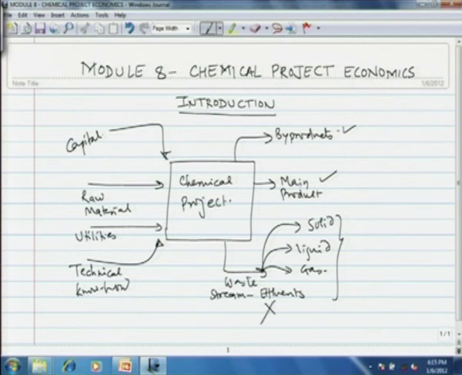All of the raw material is converted into some product or byproduct. The toxic and explosive nature of many chemicals can cause accidents and loss of life and wealth. Therefore, we would like to avoid the effluents as much as possible. So, that could be the major objective of design of a chemical project.